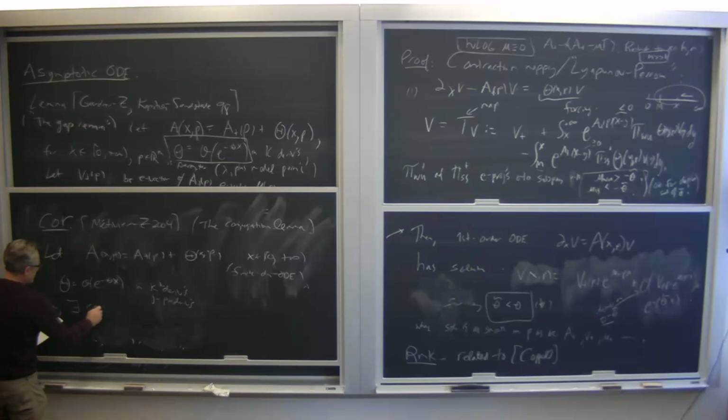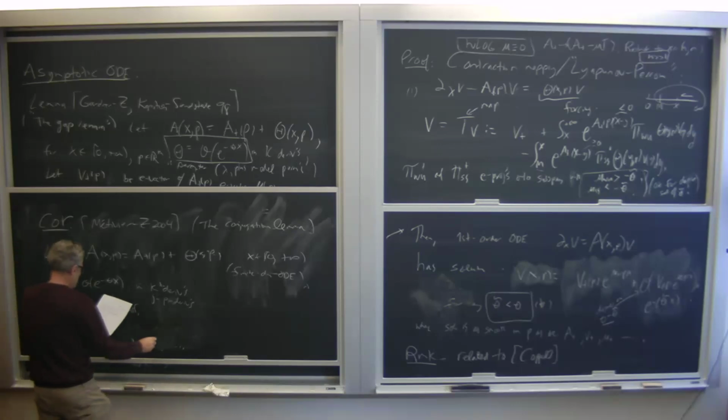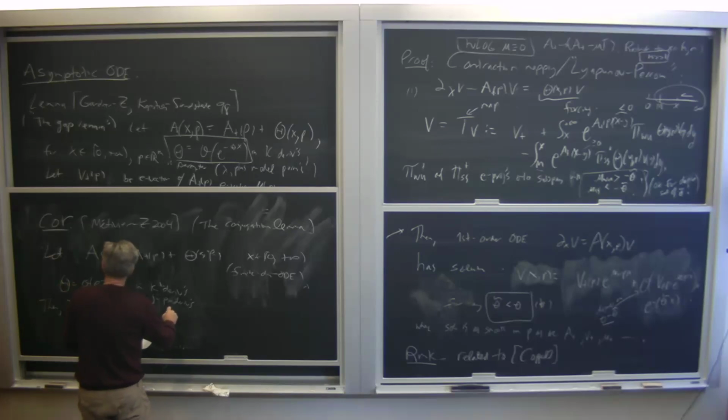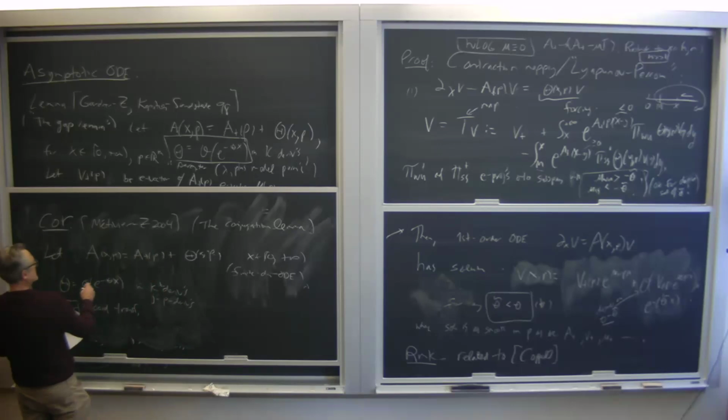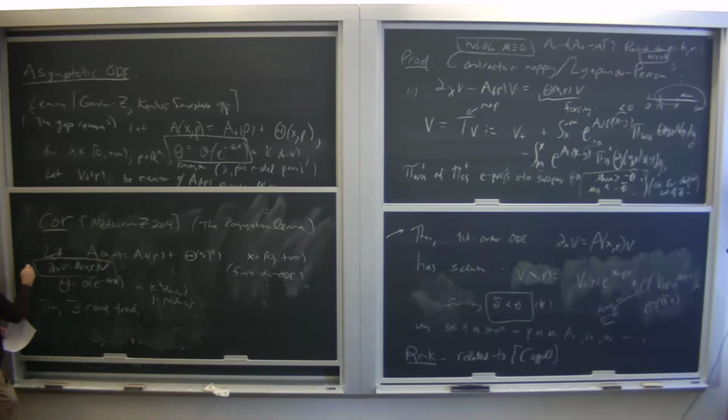there exists a coordinate transformation. So we'll set, oh, I'm sorry, the ODE, I didn't write an ODE. And the ODE is dxv equals a of xp v. Again, there's a coordinate transformation.